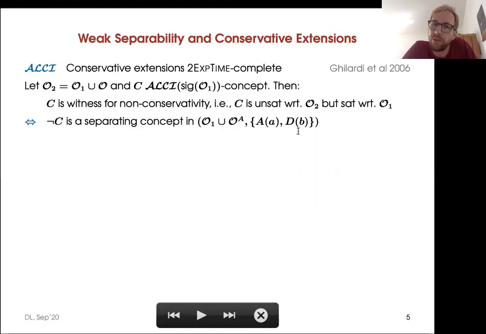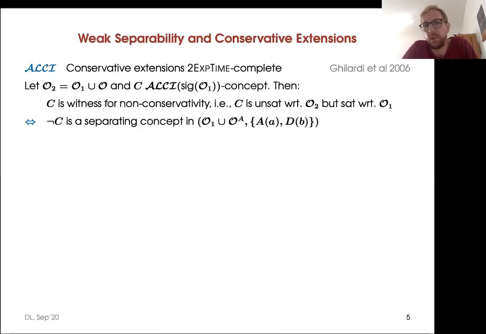If you have a non-instance of A, then not C will not be entailed, so not C is a separating concept. And this gives you a 2ExpTime lower bound, and an upper bound can also be established. We do this by giving a characterization and then use tree automata.